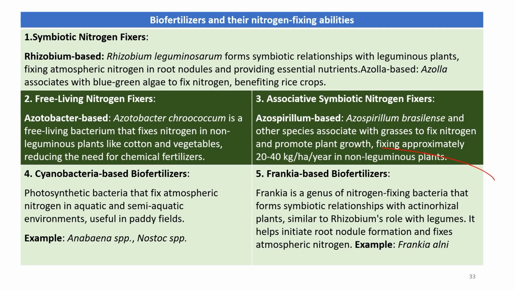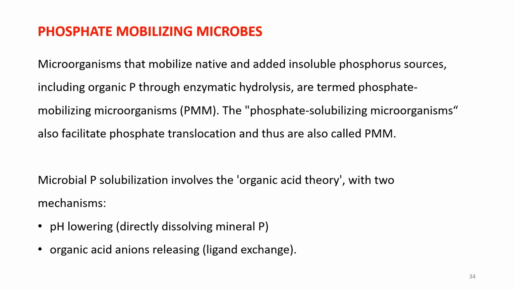And then we have Frankia based biofertilizers. Frankia is a genus of nitrogen fixing bacteria that forms a symbiotic relationship with actinorhizal plants, similar to Rhizobium's role with legumes. It helps initiate root nodule formation and fixes atmospheric nitrogen, for example, Frankia alni.